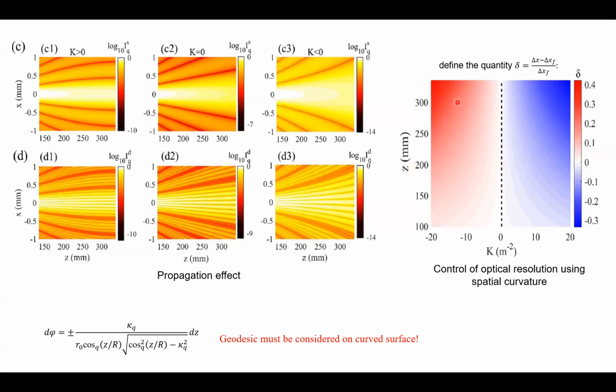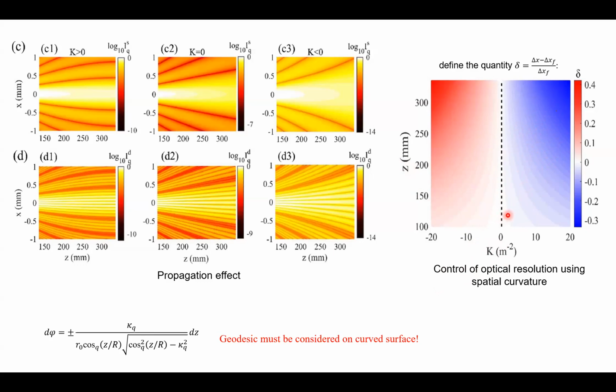We can see that in the red regions, the resolution gets worse, and in the blue regions, the optical resolution gets better. So by this figure, we can control the optical resolution flexibly by only changing the shape of the curved surface.